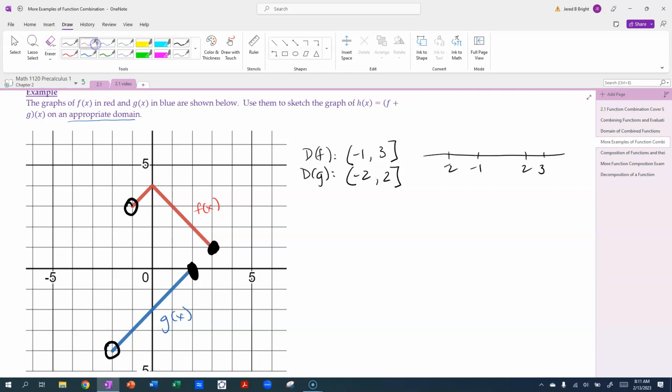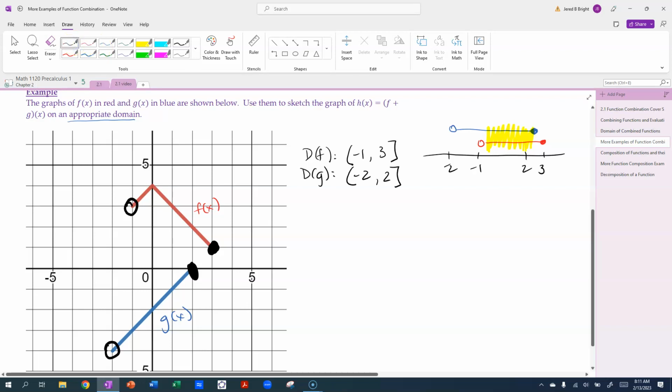F of x was from -1 to 3, and g of x was from -2 to 2. If I'm adding them, the domain is going to be everything that they have in common. So that's everything in here up until +2, and I have to stop.